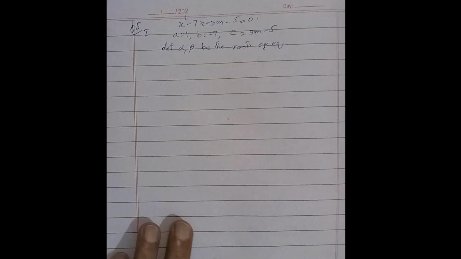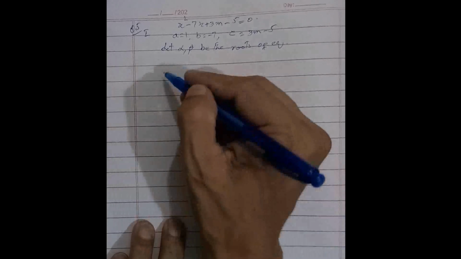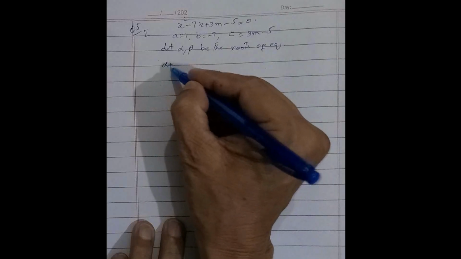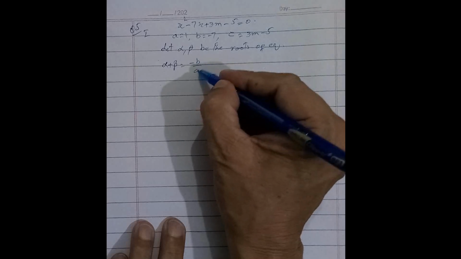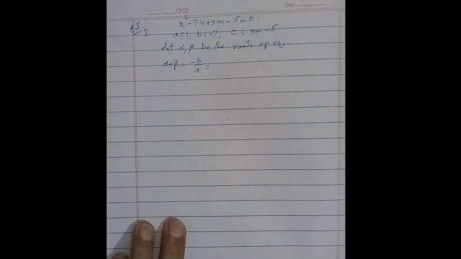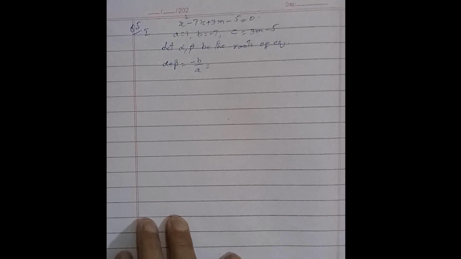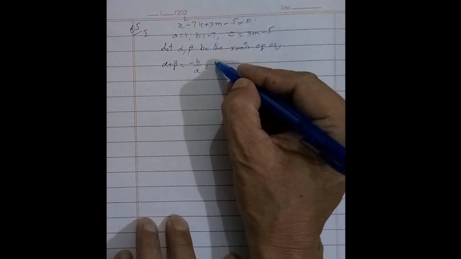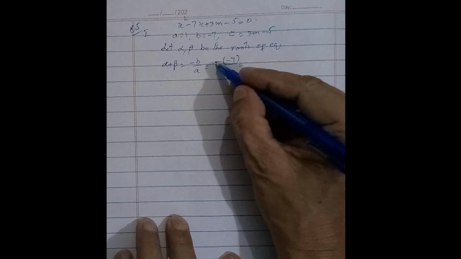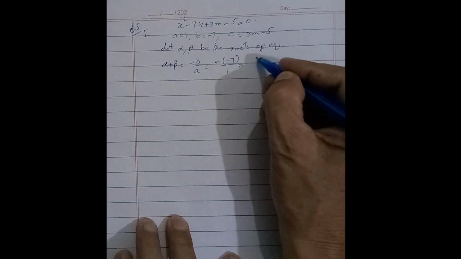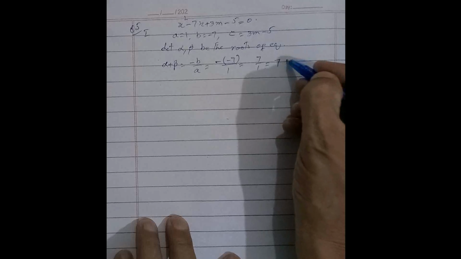And first we find the sum of the roots, which is alpha plus beta, which is minus b over a, and we put the values of b and a, we get minus 7 over 1, which is equal to 7.